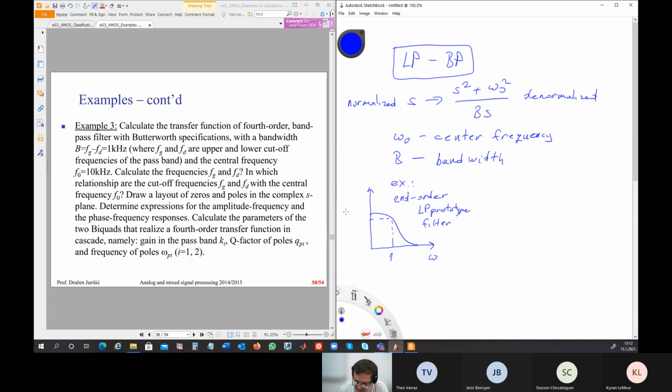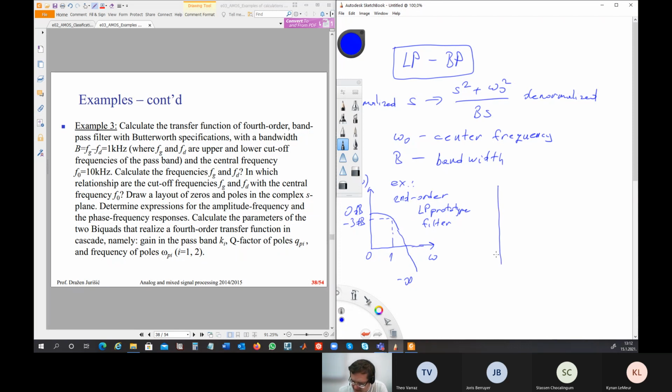Here is a gain of 0 dB, for example. This is A of omega. This is minus 3 dB. And this goes here, just a moment. In that case, it will look like this. This will go to minus infinity.